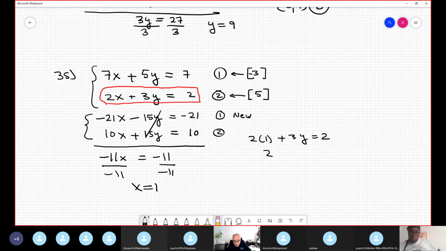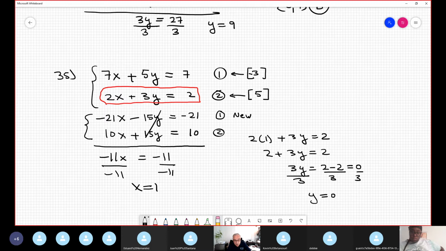This is 2 plus 3y equal to 2. 3y is equal to 2 minus 2, which is 0. And divided by 3, it is obviously 0. And the solution is 1,0. It is option C.